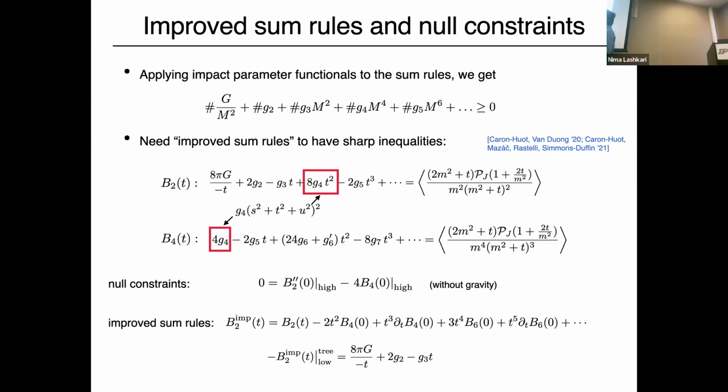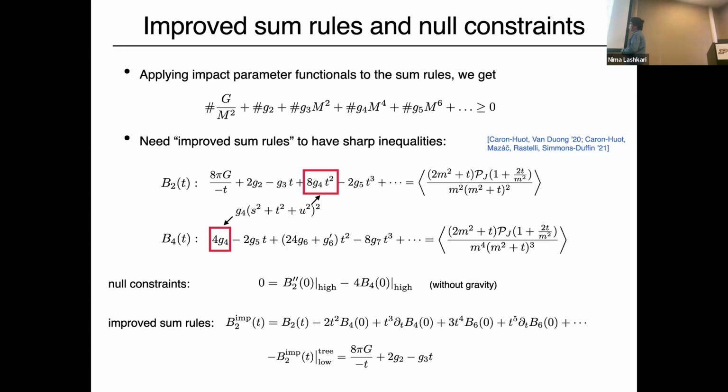The reason why G4 shows up here is because in your amplitude, you have a term like G4 times s squared times t squared. And the reason why G4 shows up here is because in the amplitude, you have G4 times h to the fourth. The fact that it shows up in these two combinations follows from crossing symmetry, because it has to appear in this form.